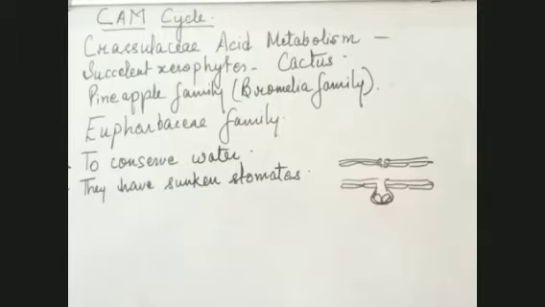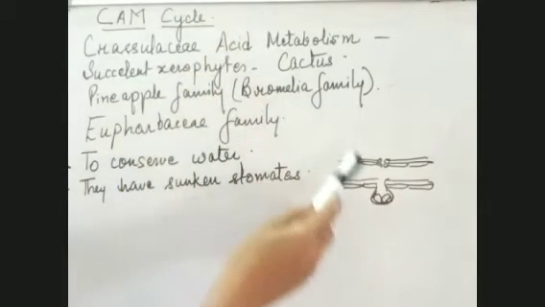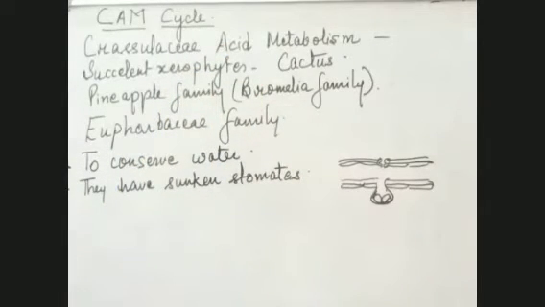In these plants which show Crassulaceae acid metabolism, we find sunken stomata. That means the stomatas are not directly exposed to sun rays, so the rate of transpiration will be very less, and as a result water will be conserved, which is their main motto.